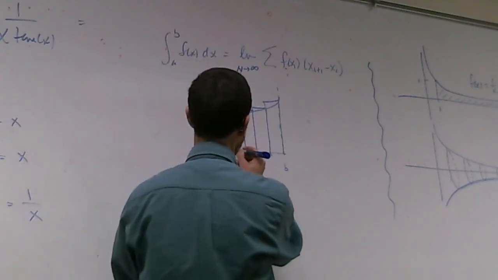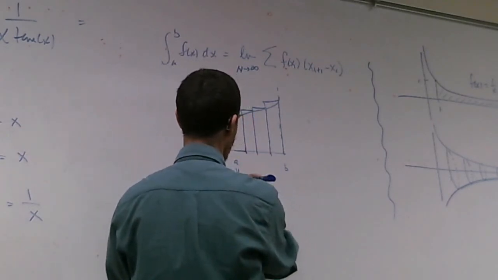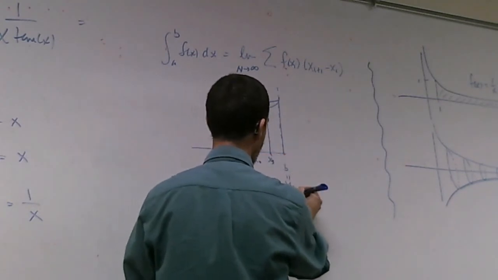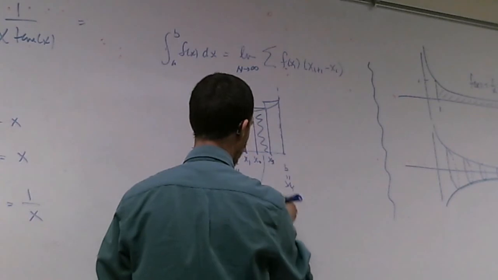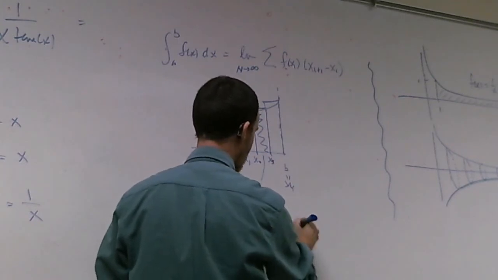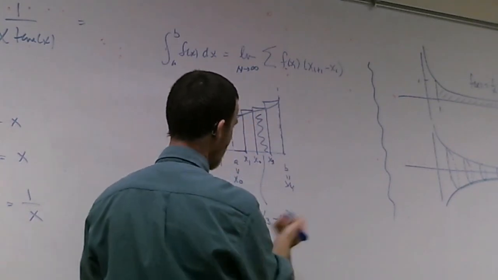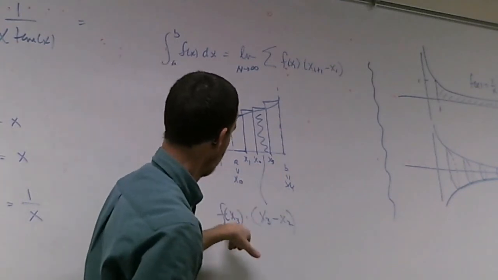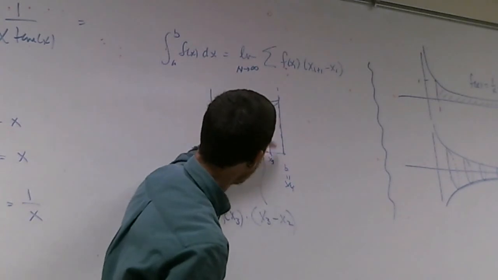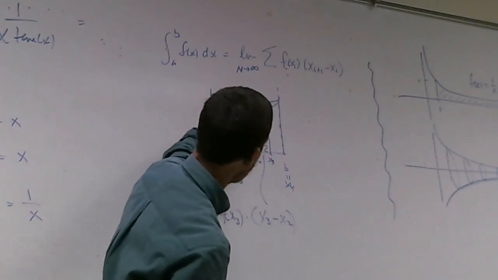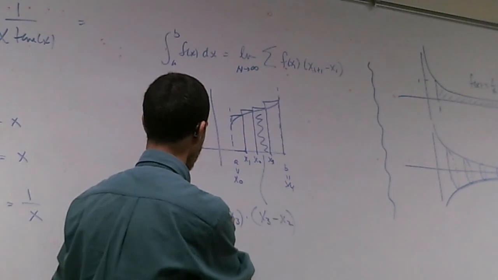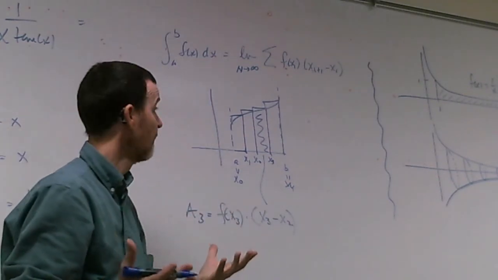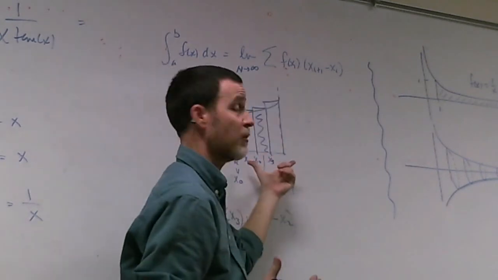If I add up those rectangles, and I call this x0 and this one x1, x2, x3, x4, then the area of any one of them, like that one, is x3 minus x2 times, pick any height you want, f of x3. The height here, if here's x3, then that height is f of x3, so that's the area of that particular rectangle. Make sense? And when you write the sum, it just means add them all up, right?